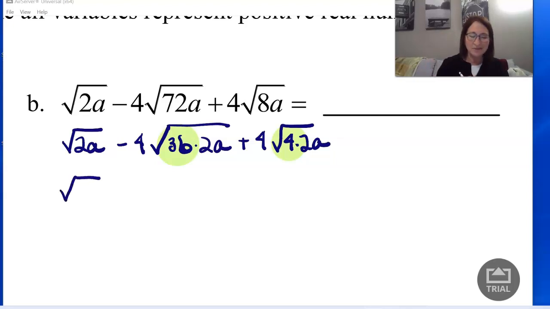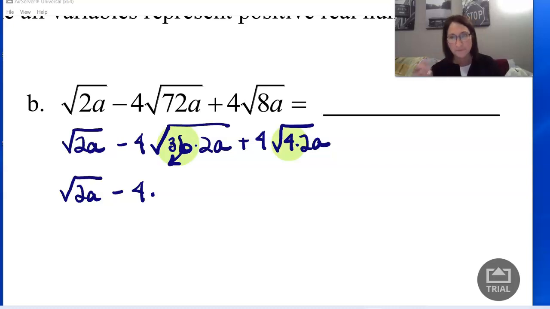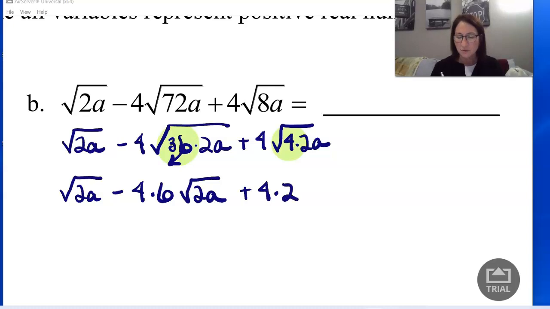So I can't do anything with this square root of 2a yet. But with that 36, I can bring out the square root of 36, which is 6. So my root is 6. And then I'm left with 2a. And then for this third term, that 4, the square root of 4 is 2. So I've got 4 times 2 square root of 2a.